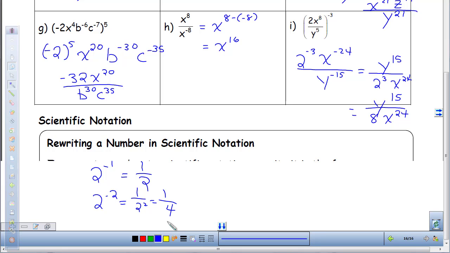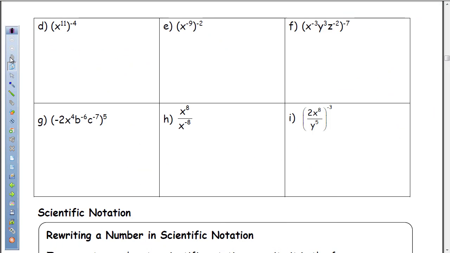So when we're raising it to a negative power, it's a fraction, right? And these exponent rules just kind of start to run together. So you've got to really practice them, be clear about when you're using them, because you'll see them a lot in this chapter. Okay. All right, very good.